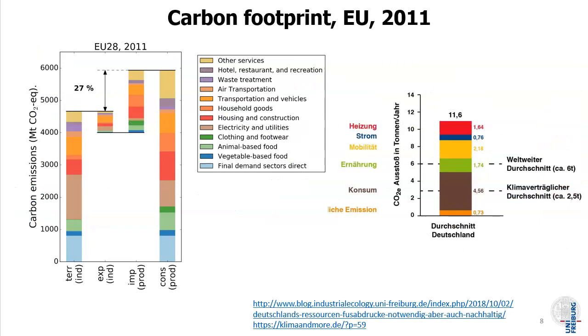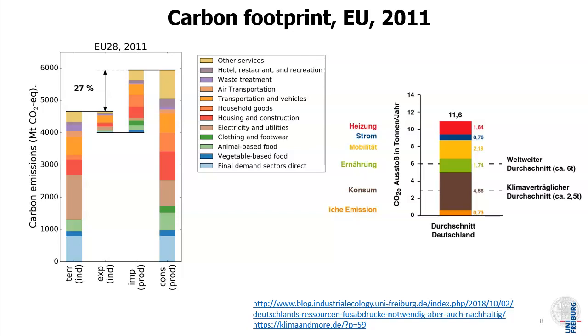The results are quite interesting. Here for the EU, you can see on the left side a difference between territorial and consumption-based accounting. So the left bar here tells you the emissions within the EU in the year 2011 in the different sectors. So these are the territorial emissions happening in those sectors.